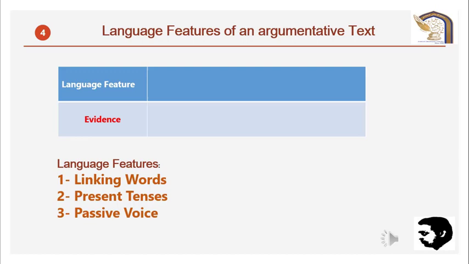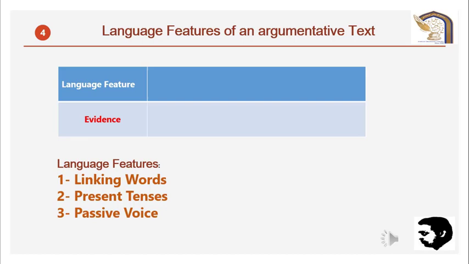I'll provide you with the easiest language features that could be found in almost all texts and that will help you answer this question. Number 1, linking words. In the following slide, I'll show you some useful phrases and linking words to help you organize your essay, and also it will help you answer the question.